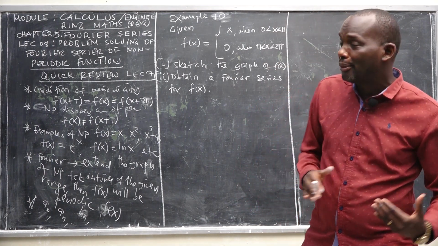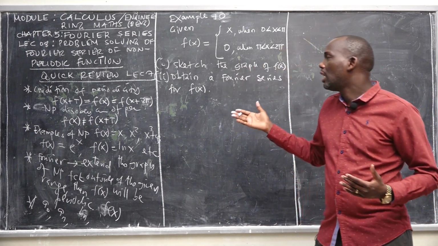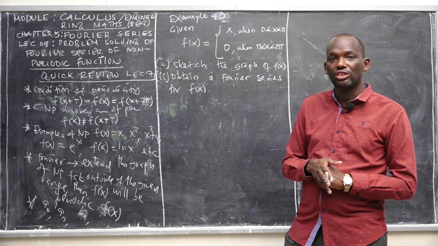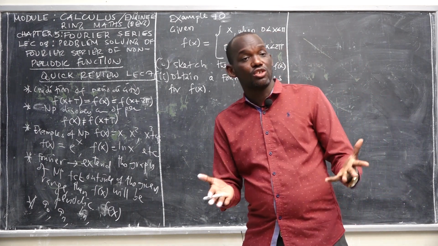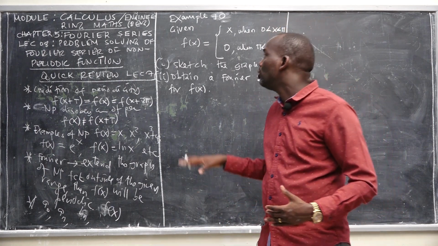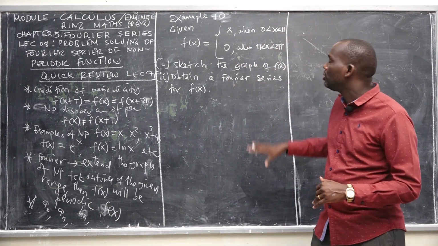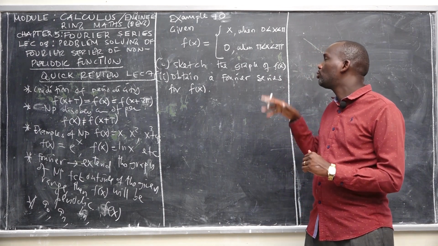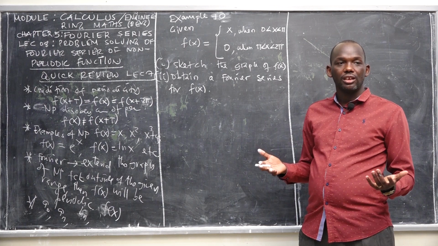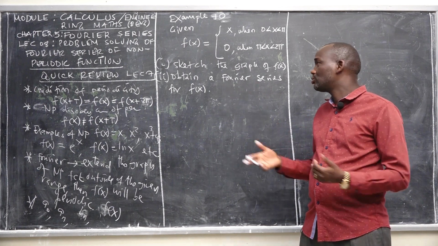In example 9, I taught you how to solve a Fourier series of a non-periodic function where the function is a single function. In this example, the main objective is to show you that sometimes you can find a composite function of 2 subfunctions or 3 subfunctions. Are we together? So here is a problem, then you have to solve it.